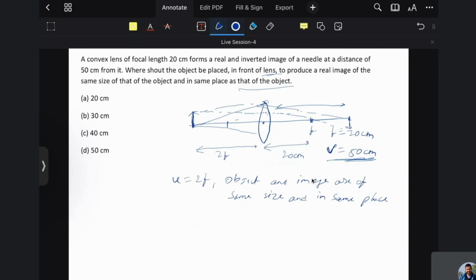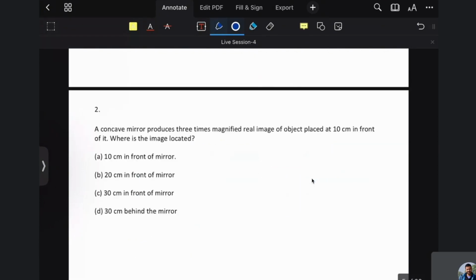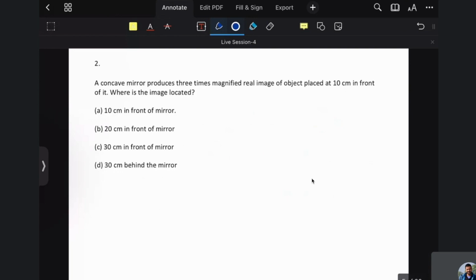Okay, so the answer will be simply 40 centimeter. Okay, this was an easy question.